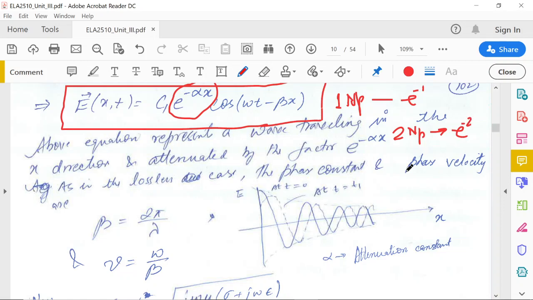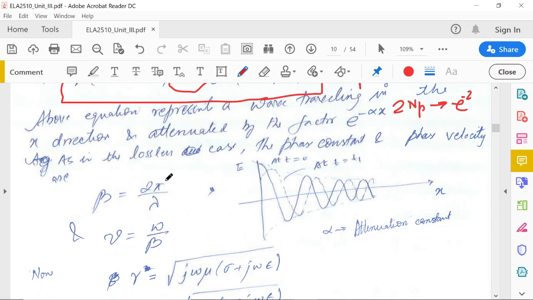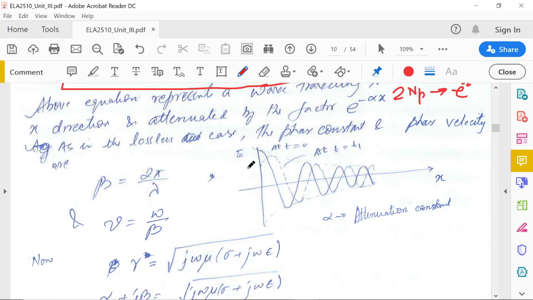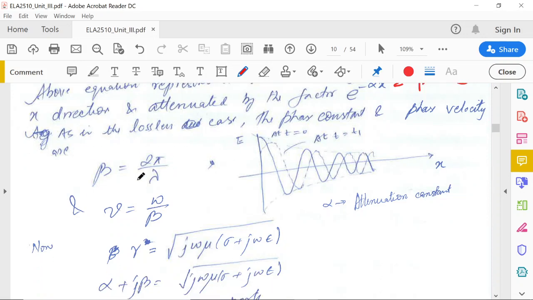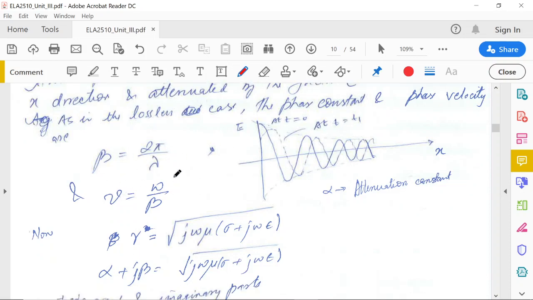So if, for example, we have 4 Nepers of attenuation, then alpha will equal 4. So here alpha is in Nepers per meter. As in the lossless case, the phase constant and the phase velocity are the same: beta equals 2 pi over lambda, and v equals omega over beta.